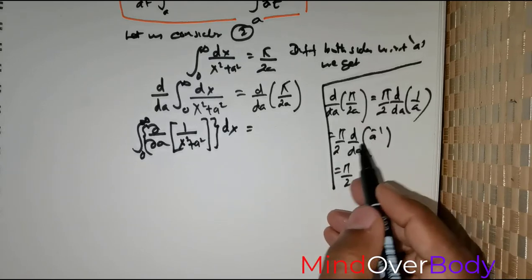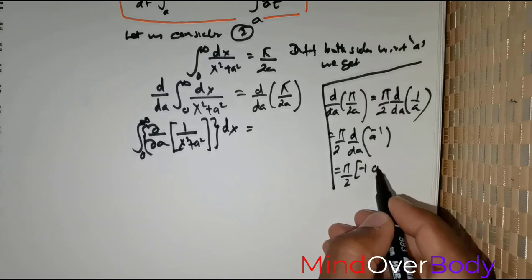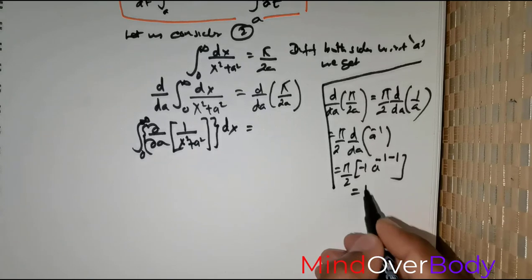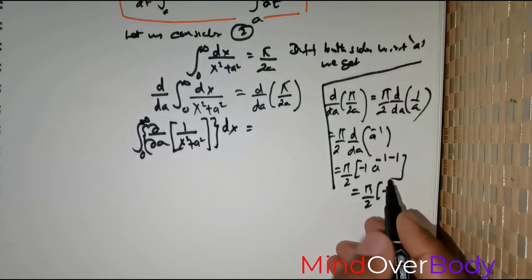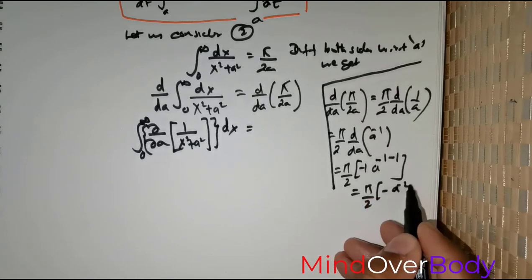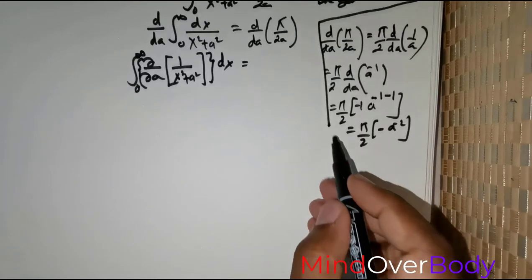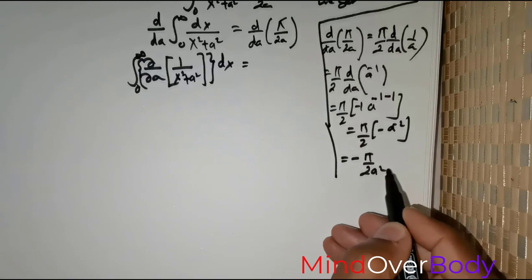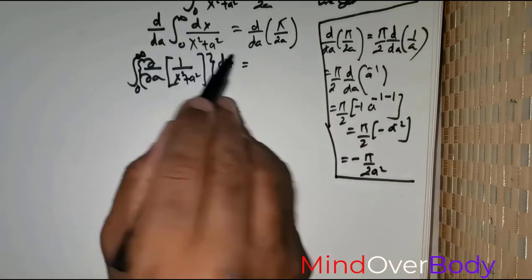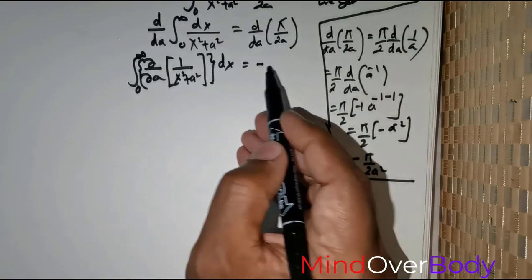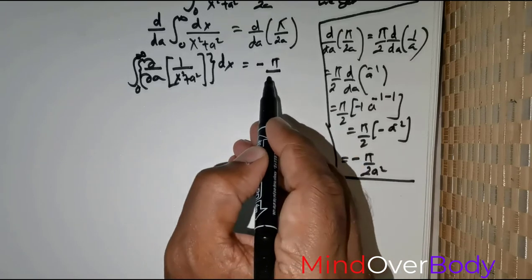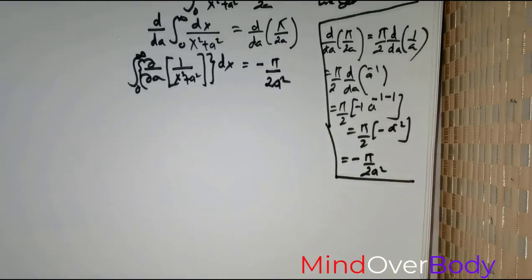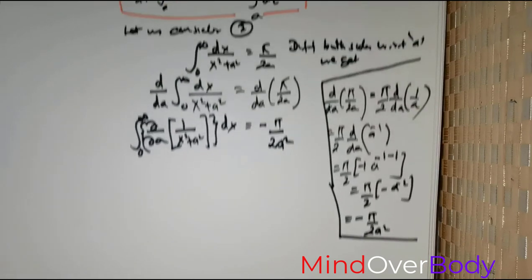I differentiate this, I get negative 1 times a raised to the power of negative 2, which is nothing but negative pi over 2 times a squared. So I can place that value here: negative pi over 2 times a squared. That's a nice value that we have got.